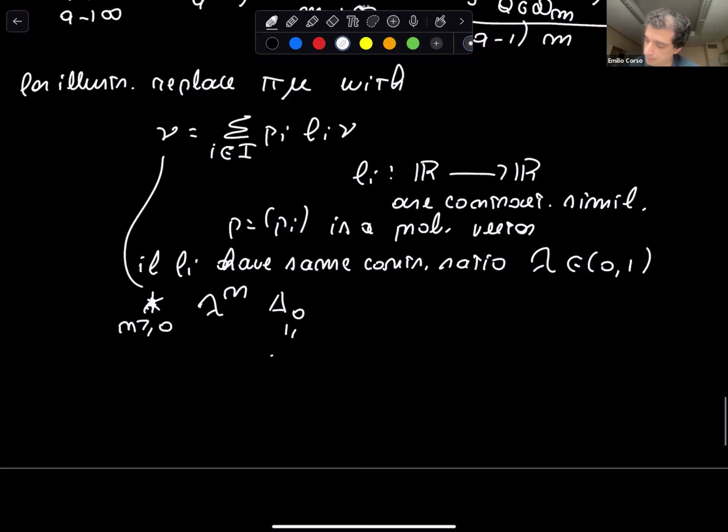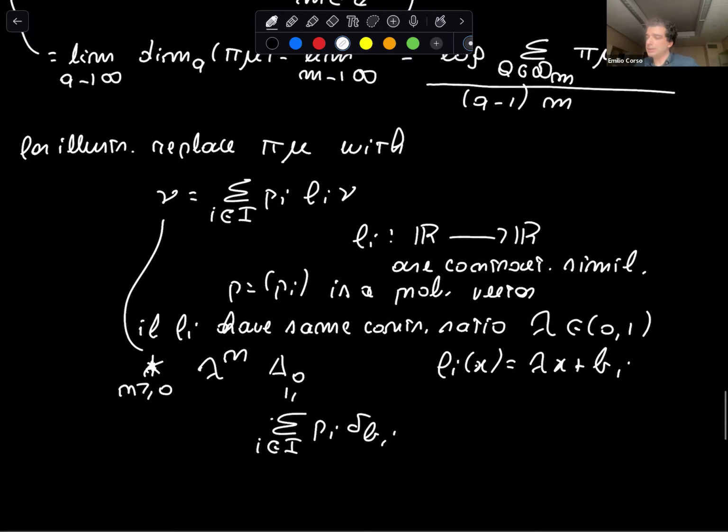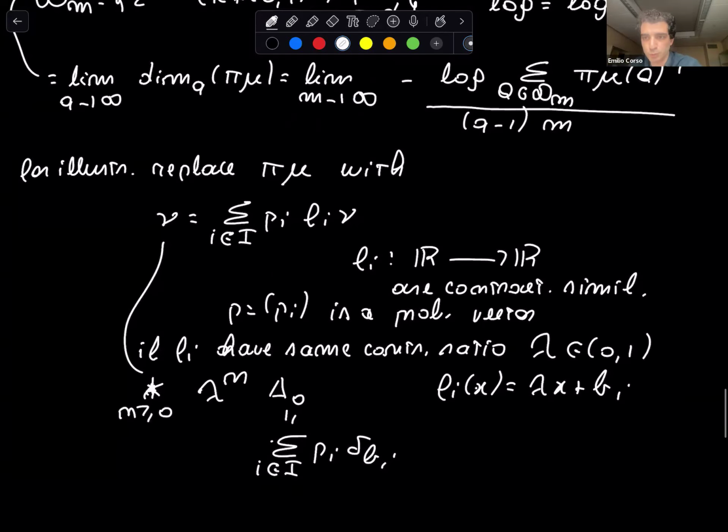This measure simply places weights p_i on the translation vectors, which I should probably call b_i because a_i are already taken, where the map f_i is really λx plus a_i plus b_i. It's a one-line exercise to show that this infinite convolution satisfies the self-similarity relation, and hence by uniqueness, which is an abstract result, you get this expression. So we want to understand L^q dimensions of such infinite convolution products.